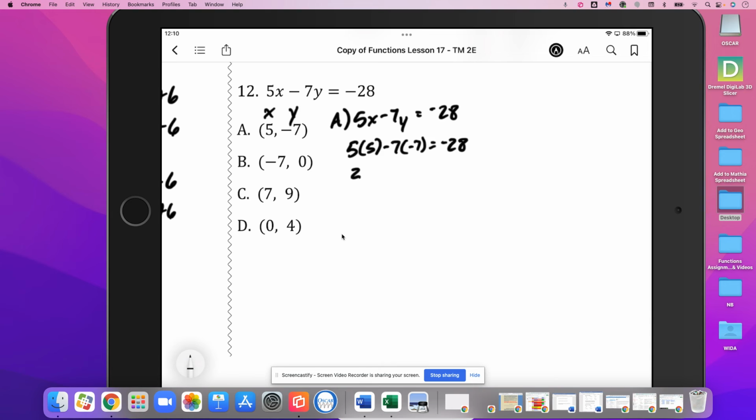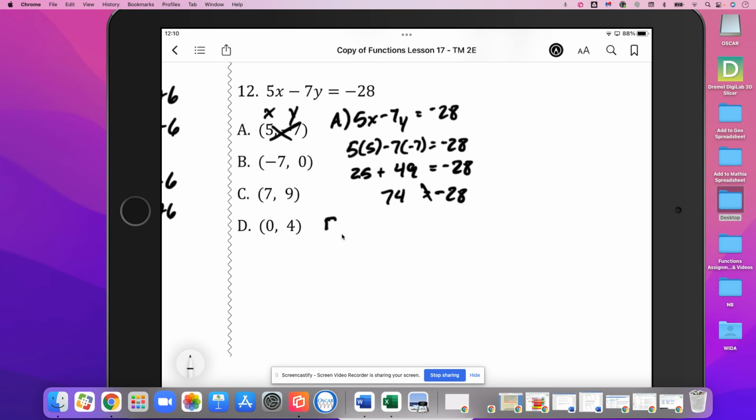And so we're going to have 25 minus, actually plus, because those two things being multiplied together will make a positive, 49 equals negative 28. And obviously this is not going to work. So 74 equals negative 28. That's not true. So A does not work.